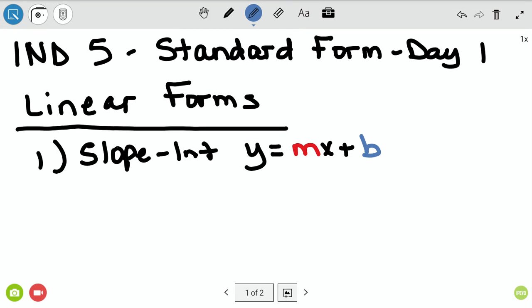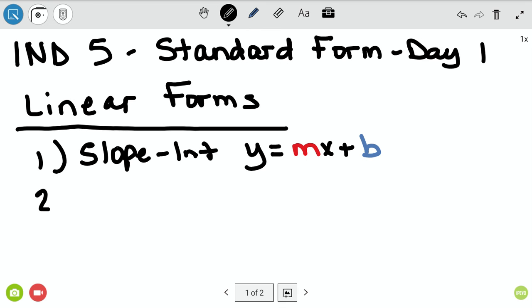And so for the equation to be written in y equals mx plus b, we needed to find the numbers or the values of m and b. And then when we plug them in there, we leave our generic x and our generic y. We plug numbers in for m and b, and then that's that form.